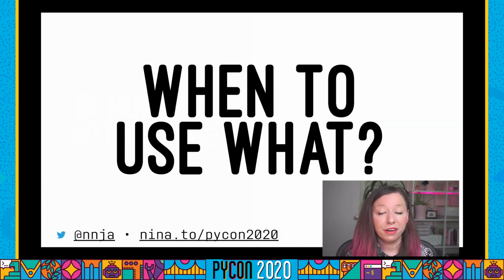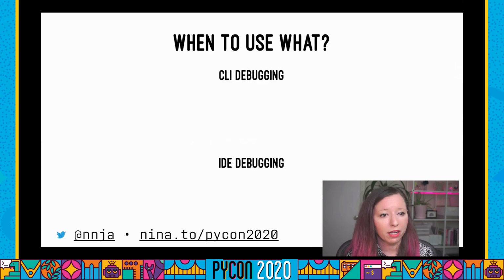Okay, so there are lots of options available. How do you know when you want to use what tool? Well, to be clear, I rarely use PDB from the standard library. I think the functionality is too limited, but it's good to know about. If you're working on a machine where you can't install additional dependencies, for example, it's a great tool to have in your toolbox.